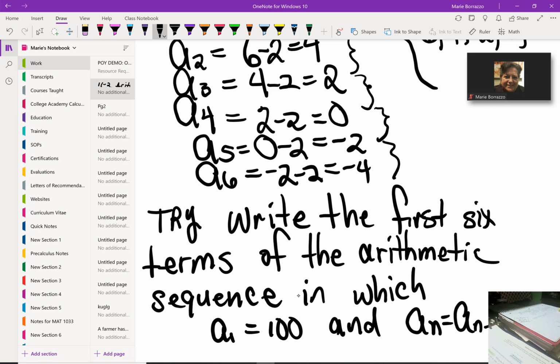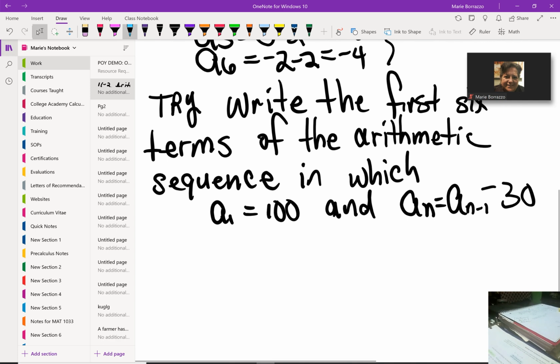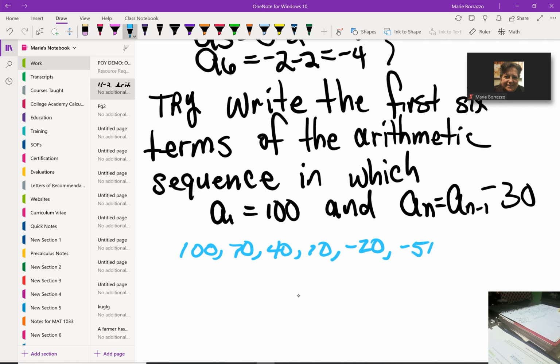All right, so go ahead and do that one. I'm going to give you the solutions so you can check your work. So we have 100, then 70, then 40, then 10, then negative 20, and then negative 50.